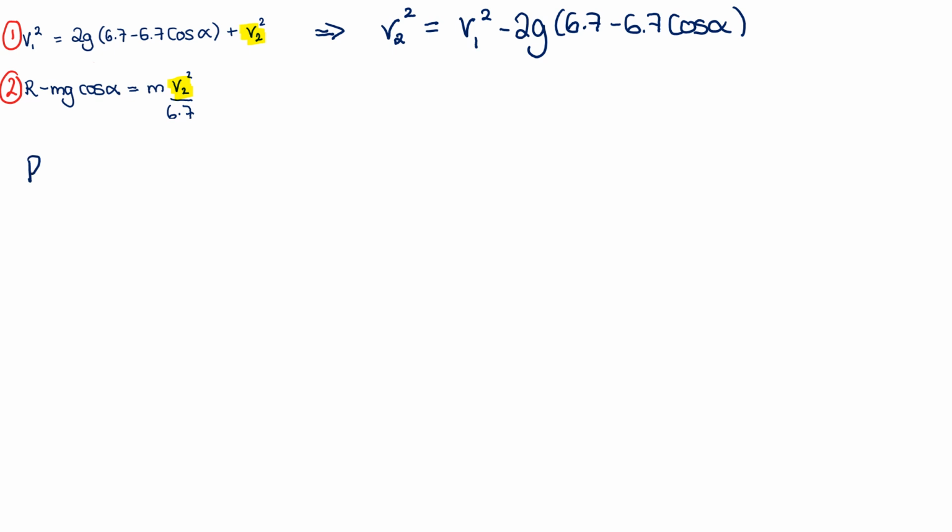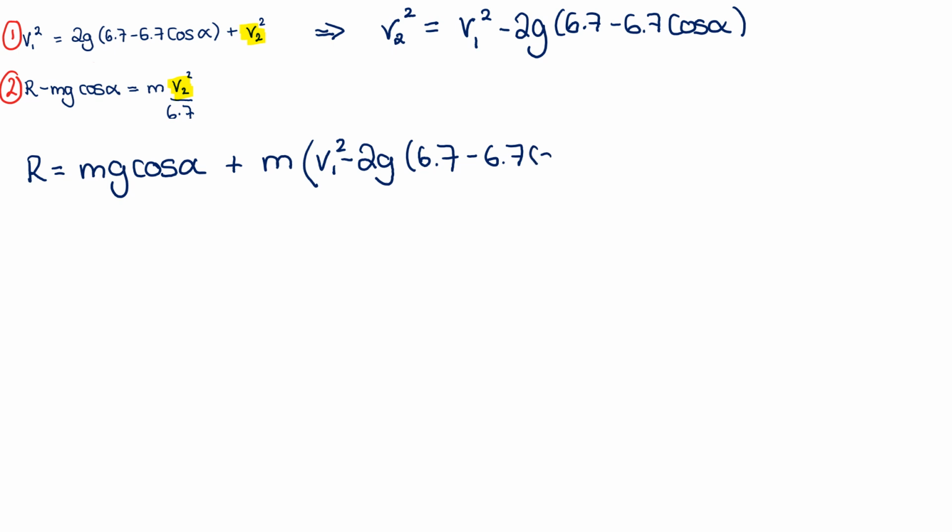Plugging that in, we get R equals, I'm going to bring this across, so I get mg cos alpha plus m times all of this, so v1 squared minus 2g times 6.7 minus 6.7 cos alpha, all over 6.7. So this is effectively our answer, but we just want to do a little bit of cleanup on it.